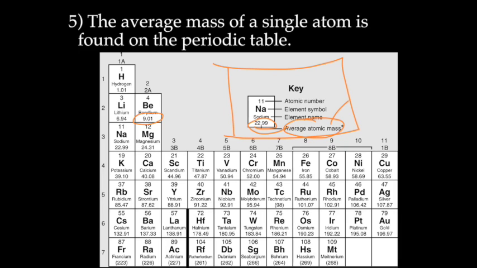And the units, remember this is a single atom, is AMU. So the average atomic mass is found on the periodic table. The units are AMU. And in fact, you can grab your periodic tables if you want. I know I'm letting you fill something in. You can put next to average atomic mass, the units are AMU.